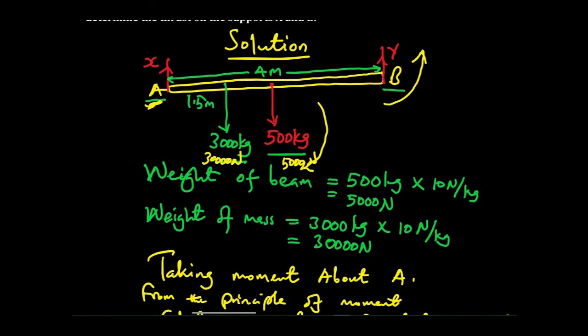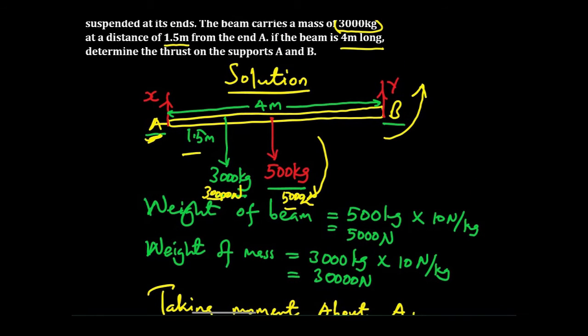So the total of clockwise moment will be equal to 5,000 times its distance plus 30,000 times its distance.